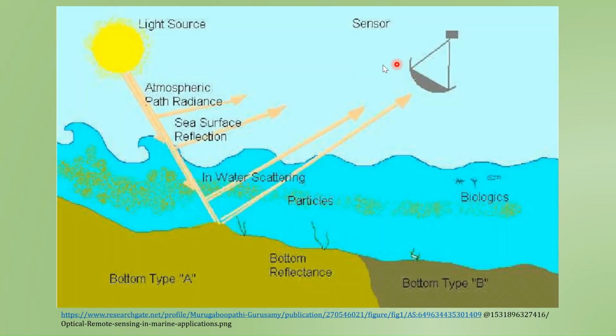As the sensor records the information about the atmospheric path radiance, surface reflection, subsurface reflection, and the bottom reflection, scientists utilize different approaches for differentiating the information coming from the subsurface and the bottom, because the subsurface volumetric reflectance provides information about the type of impurities present in water, while the bottom reflectance gives us an idea about the composition of the bedrock. Here we can see that there are two types of bedrock present at the bottom. So depending upon the composition of these bedrocks, the reflectance may vary.